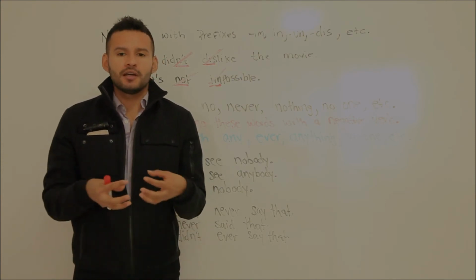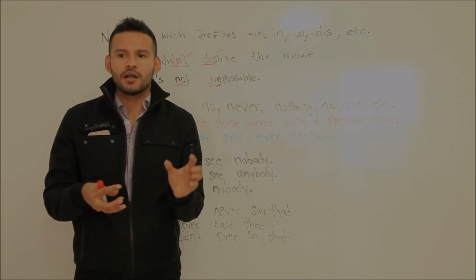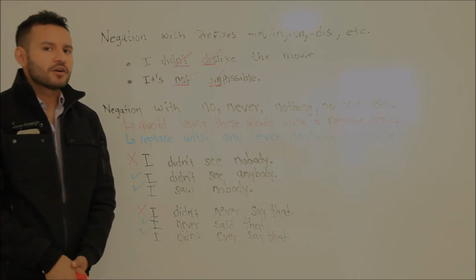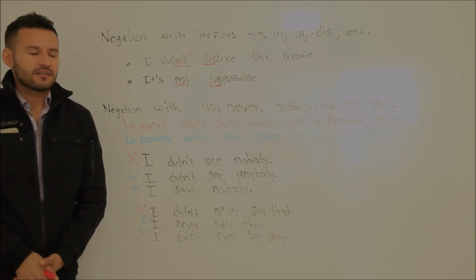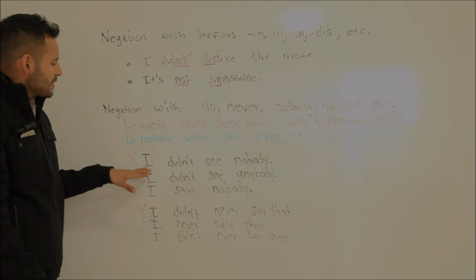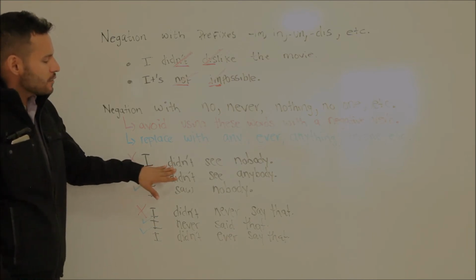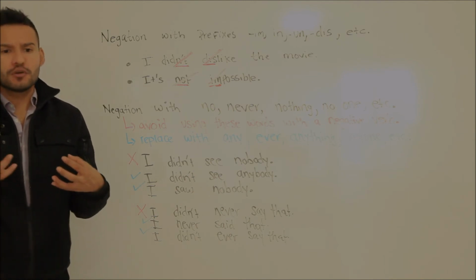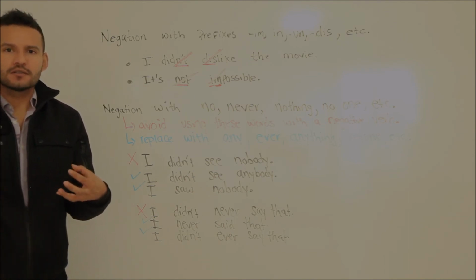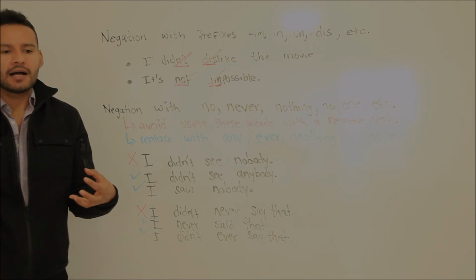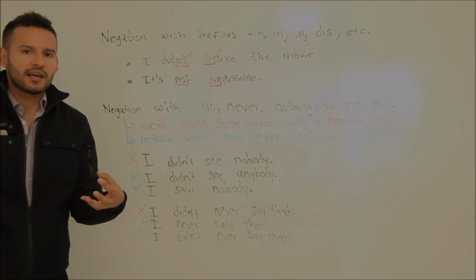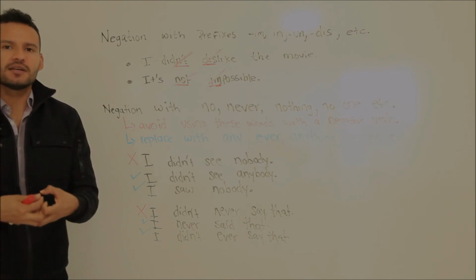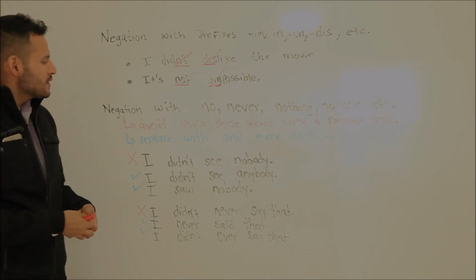So for example, in the English language, we typically use the adverb not after a verb to make the sentence negative. And so for example, if I say I did not or I didn't see nobody, to many people that sounds normal. In the English language, and again in German and other languages, this kind of combination is simply not possible.